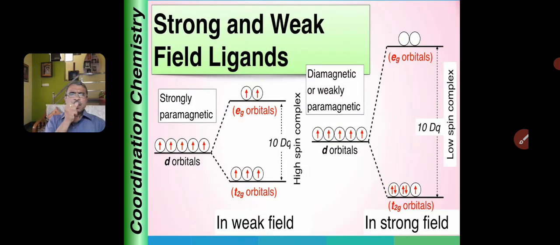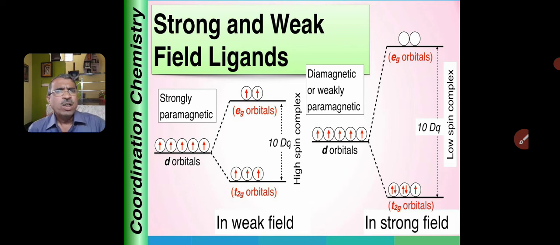Yes, this is a slide showing the strong and weak field ligands. When the ligand is a weak field, the energy difference between t2g and eg is less. When it is less, electrons go singly into the t2g and eg orbitals, which results in high spin complexes.